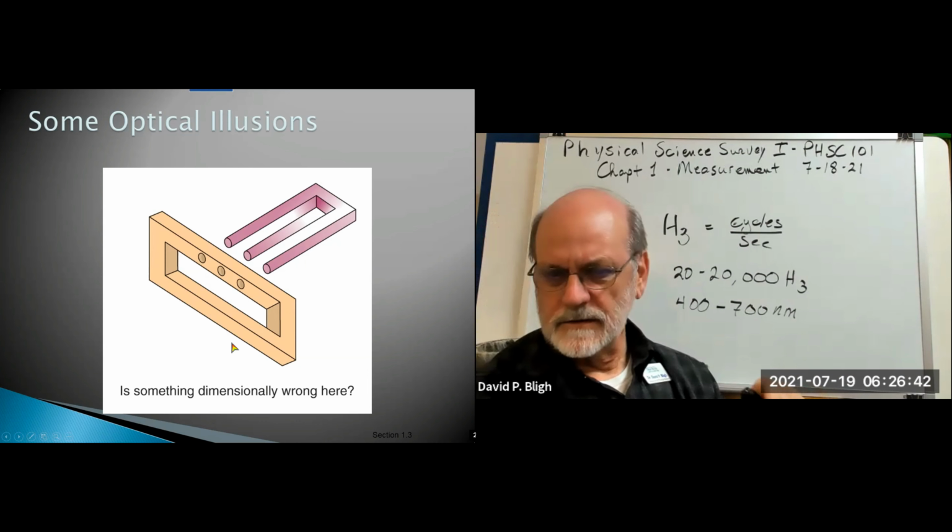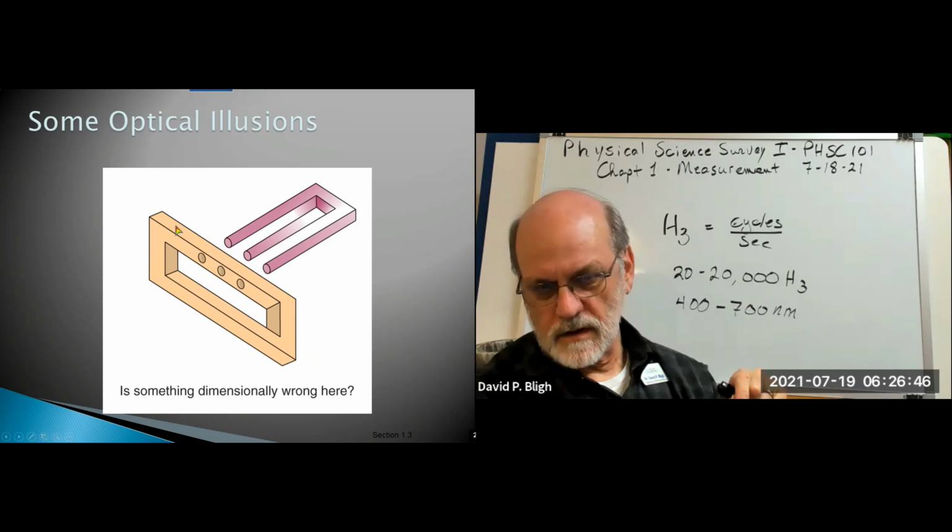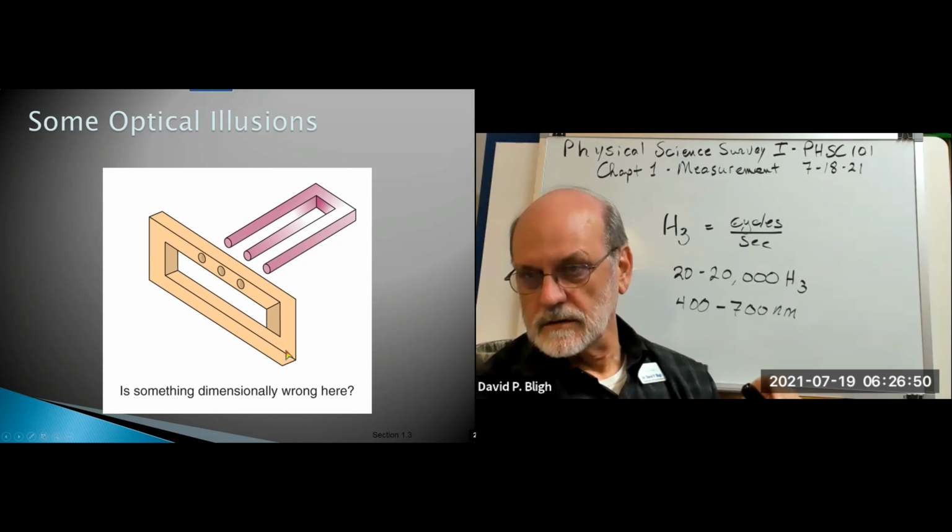You can't tell. And if you follow this line around, you find that if you go here, that's on this dimension. But if you go here, it's on the wrong dimension. If you go here, it's on a different dimension. So an optical illusion fools your eyes, but measuring devices are not as easily fooled.